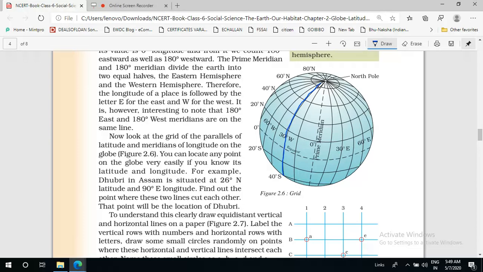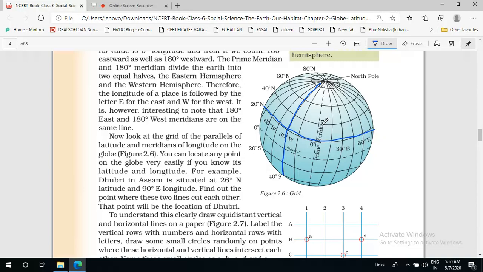But now we have one more piece of information, that the place is situated at 30-degree west and 20-degree north. So this is 20-degree north latitude.